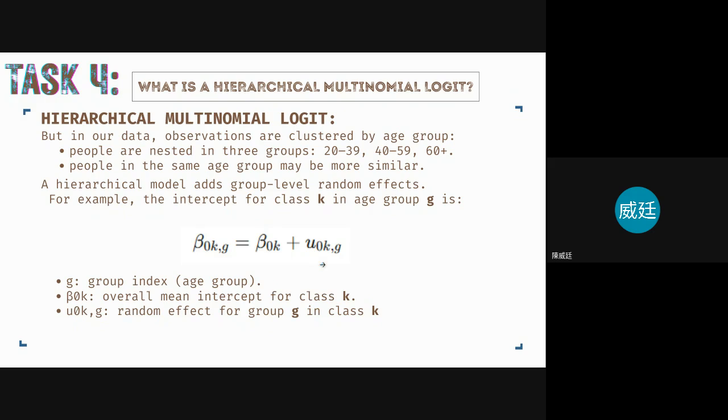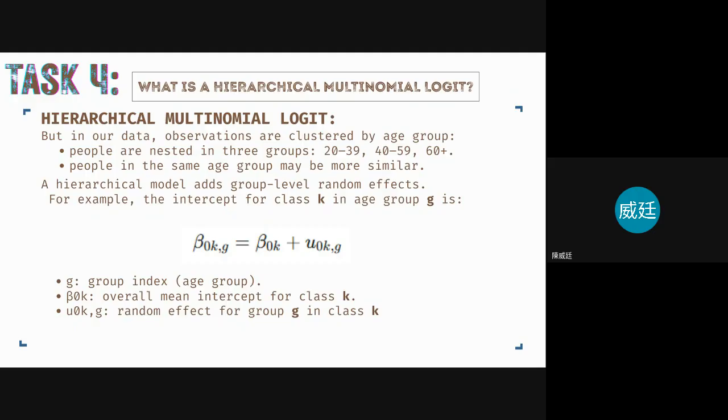Here g is the group index, in our case the age group. And beta 0k is the overall mean intercept for class k, and u0kg is an extra deviation for age group g in that class.